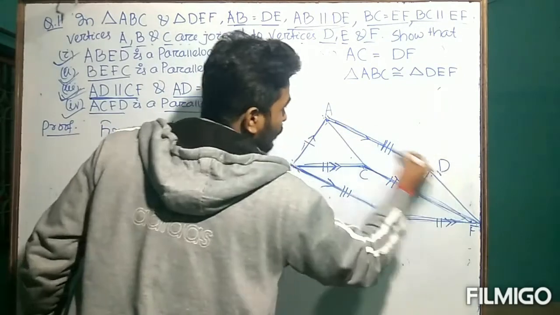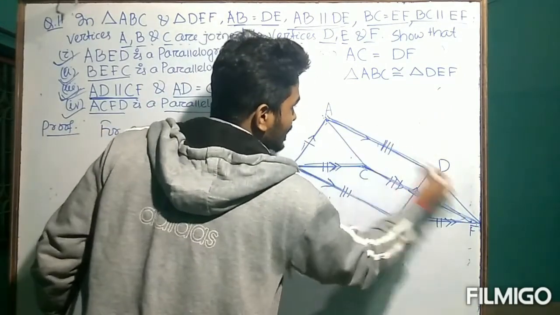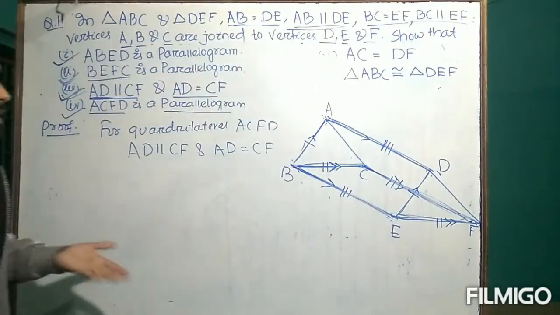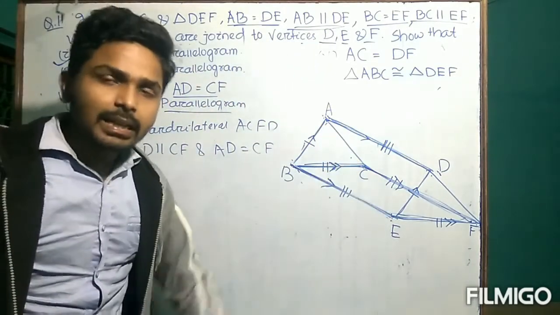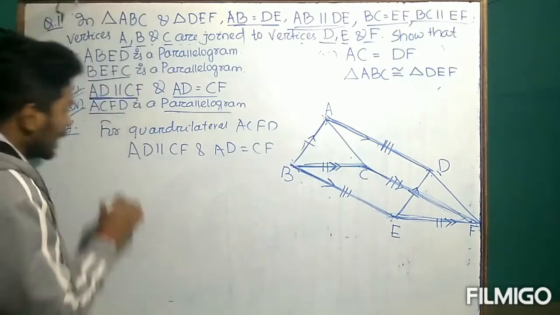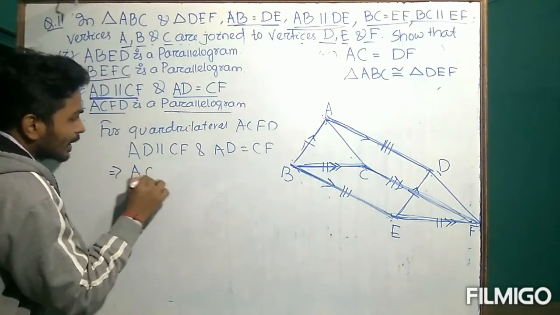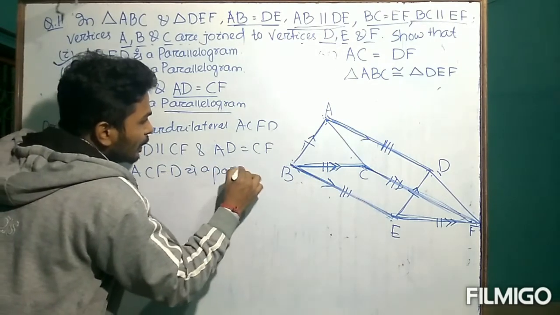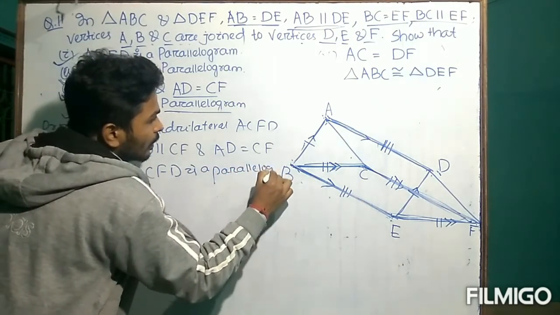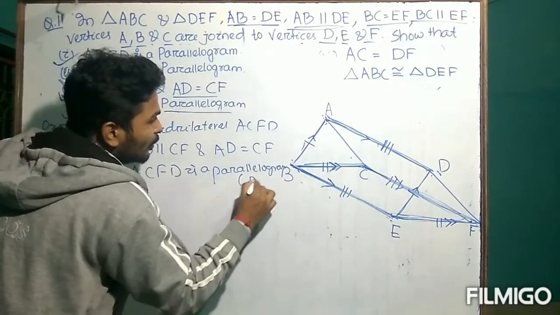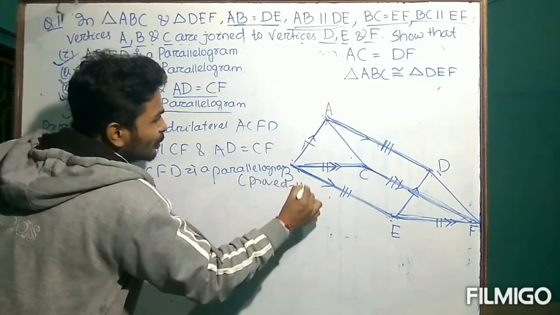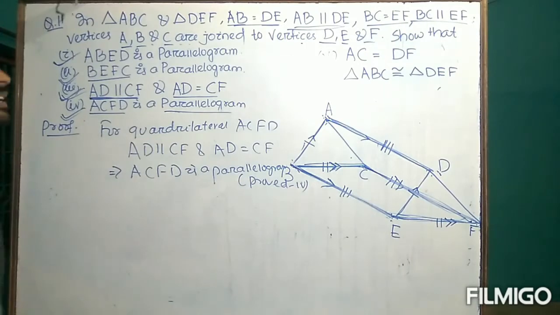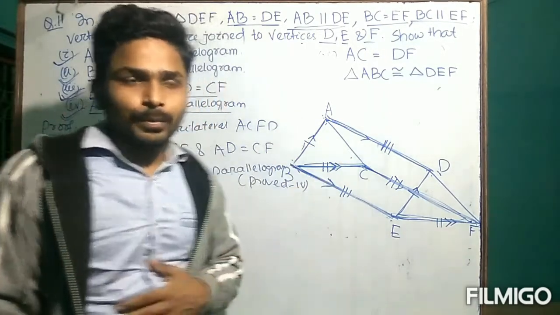In the ACFD quadrilateral, this is parallel to this and this is equal to this. So one pair of opposite sides are equal as well as parallel. Hence, what can we write? ACFD is a parallelogram. And now we have proved the fourth statement, that ACFD is a parallelogram.